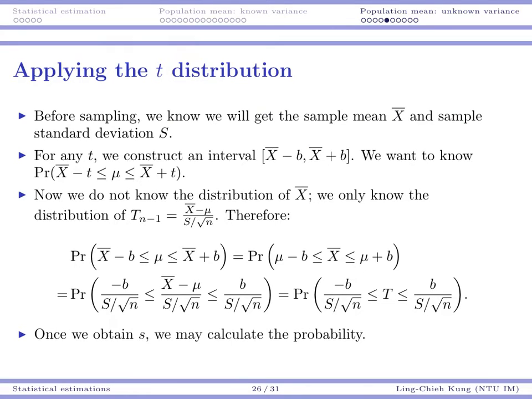Okay, let's try to apply the T distribution to do our estimation. Again, just a review: before you do the sampling, you will get a sample mean capital X bar and a sample standard deviation capital S. You're going to use these two values to do an estimation.